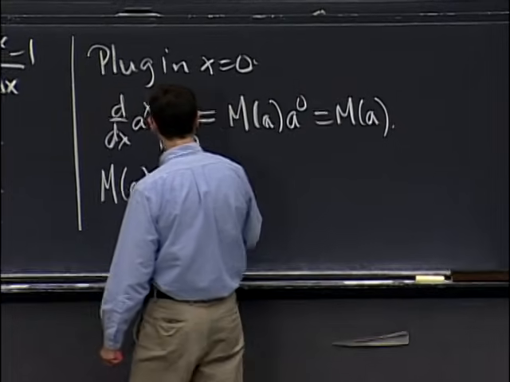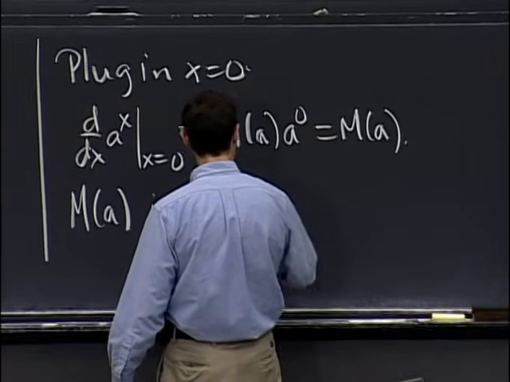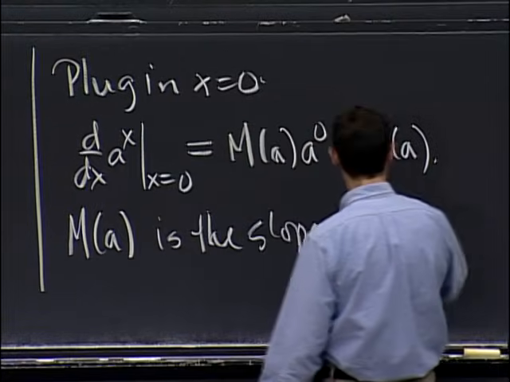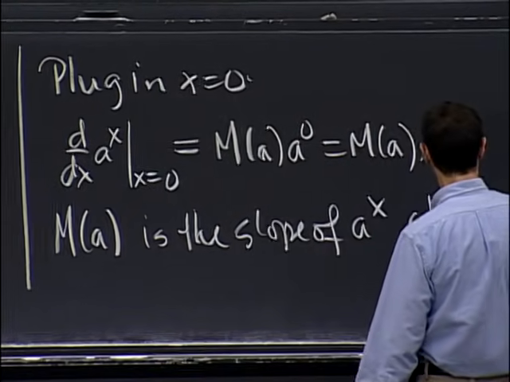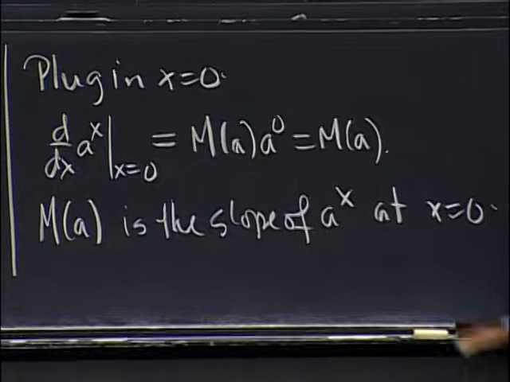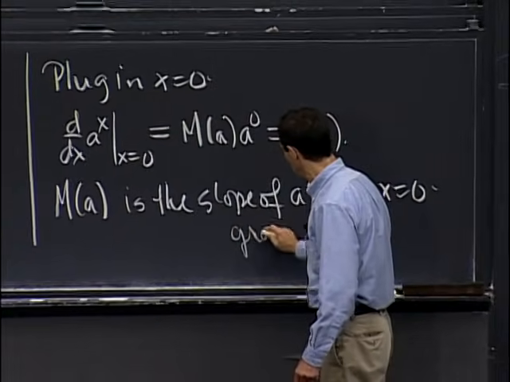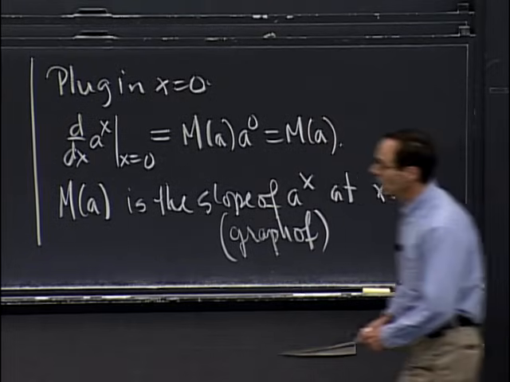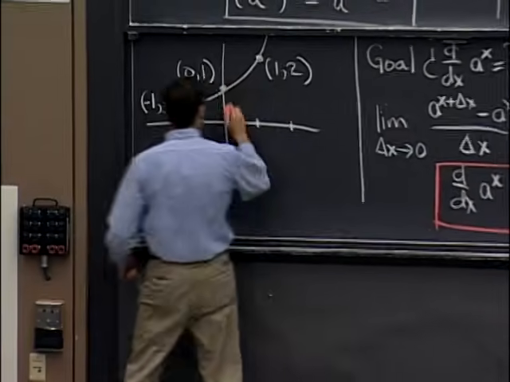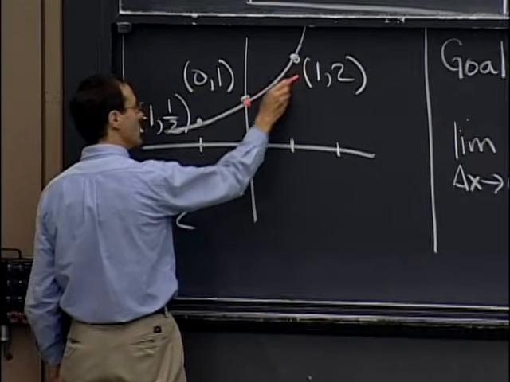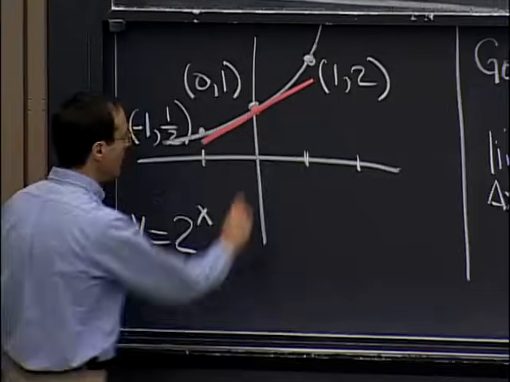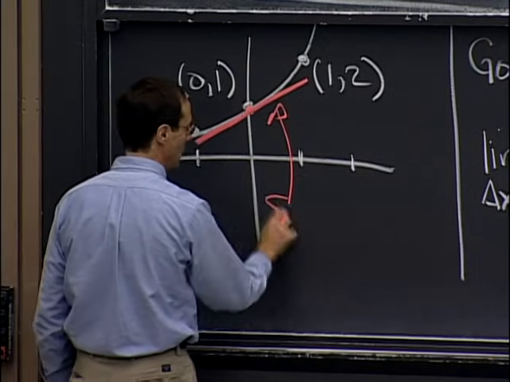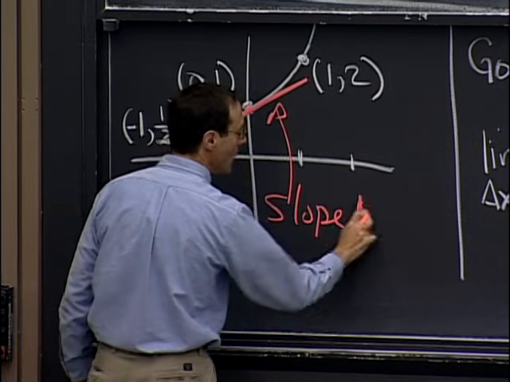So m of a is the slope of the graph of a to the x at x equals 0. Again, over here, if you looked at the picture, I'll draw the one tangent line in here, which is this one here. And this has slope what we're calling m of 2.